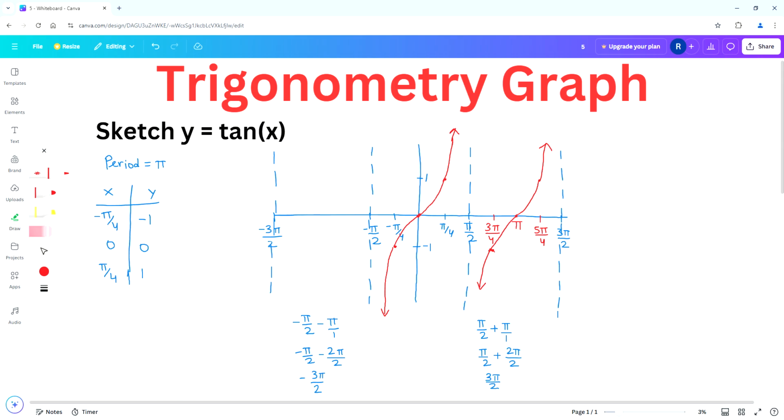Now we can sketch the curves between the asymptotes at negative 3 pi over 2 and negative pi over 2. The midpoint between these vertical asymptotes is at negative pi. At negative 3 pi over 4, the y value is positive 1. At negative 5 pi over 4, the y value is negative 1.